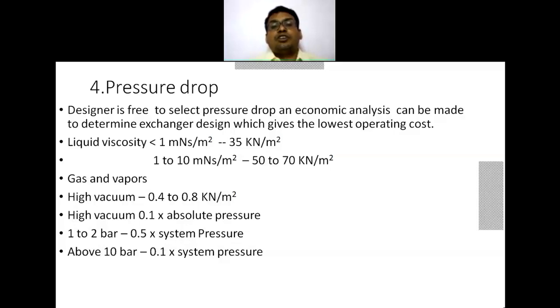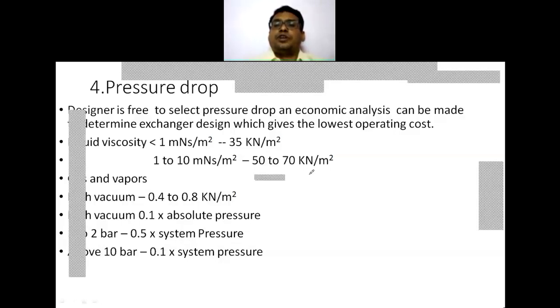If the liquid viscosity is less than 1 millinewton second per meter square, we have 35 kilonewton per meter square as the pressure drop. And if the liquid viscosity is between 1 to 10 millinewton second per meter square, then the accepted pressure drop is between 50 to 70 kilonewton per meter square.